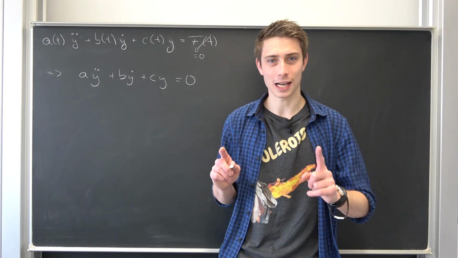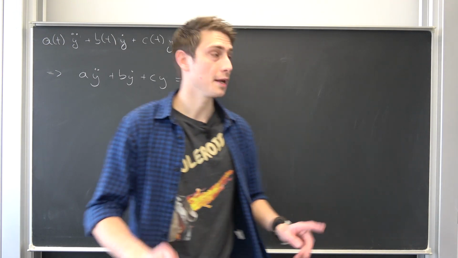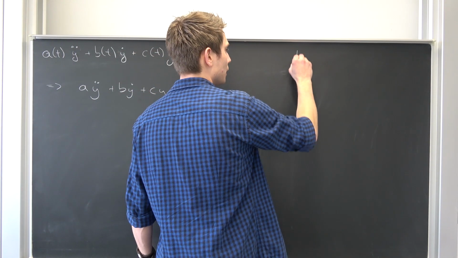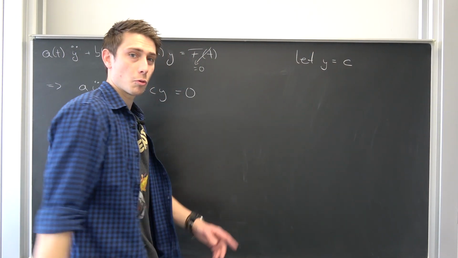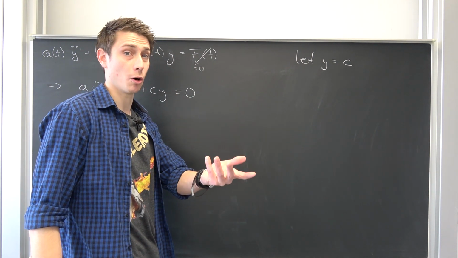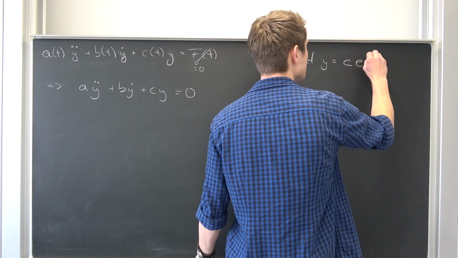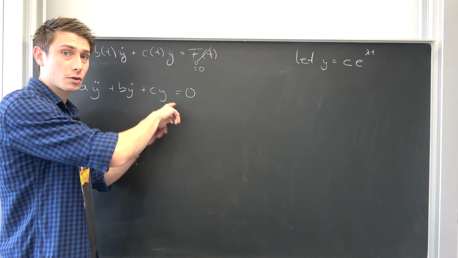At first, I would like to make use of the ansatz we have talked about before. Meaning, we are going to give this thing right here a new name, this y. Let y be equal to c, where c is some complex constant, we don't want it to be equal to 0, times e to the lambda t. Y is with respect to t right here, okay?